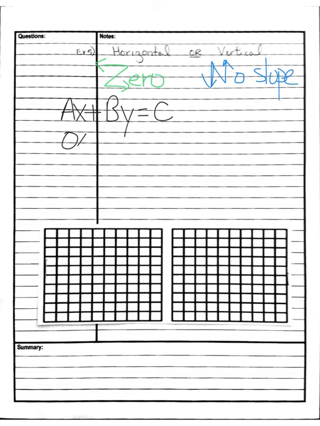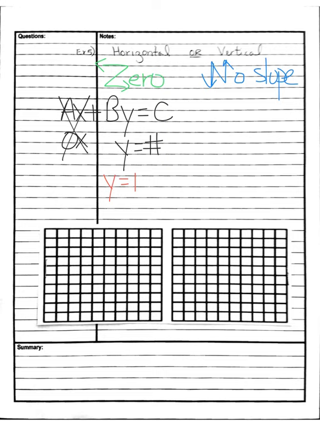So this is 0x, which just cancels out. So you are going to be left with y equals a value. So anytime we see an equation where it says y equals, let's look at this one, y equals 1. That is a 0 slope.